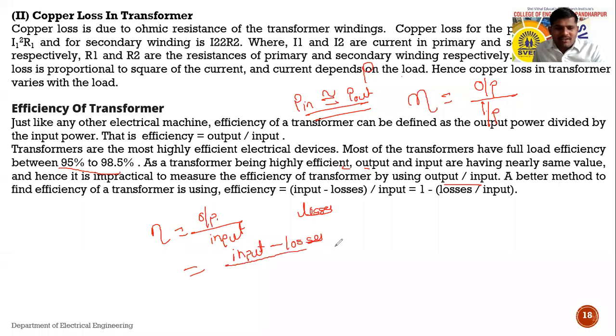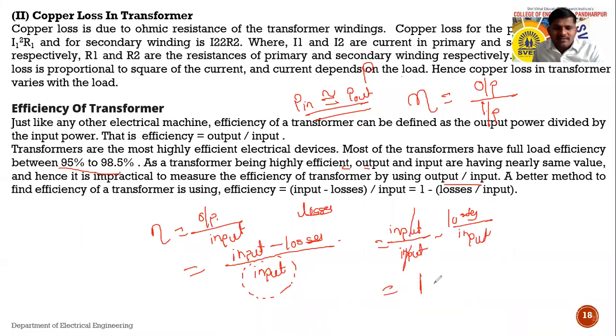So efficiency is input minus losses divided by input. Dividing the denominator separately, input divided by input cancels, which gives 1 minus losses divided by input.